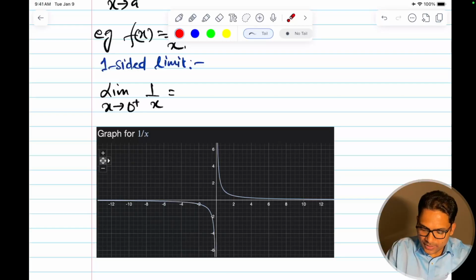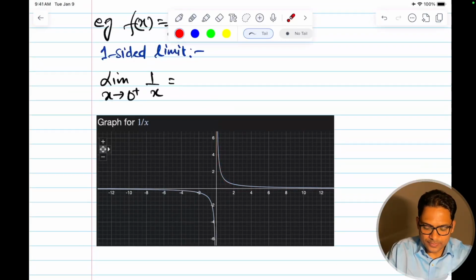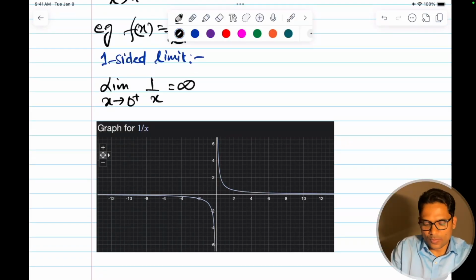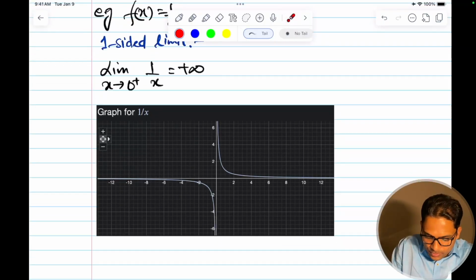If you see, if I come close to x from 0, from the positive side, this tends to infinity. This will go to plus infinity here. I'll write it explicitly as plus infinity. And if you come to x from the negative side, this will go to negative infinity.